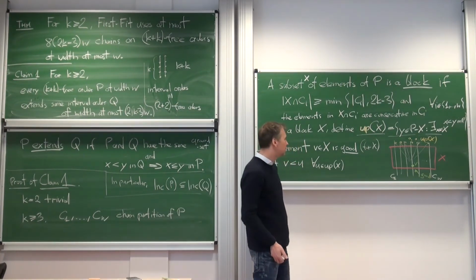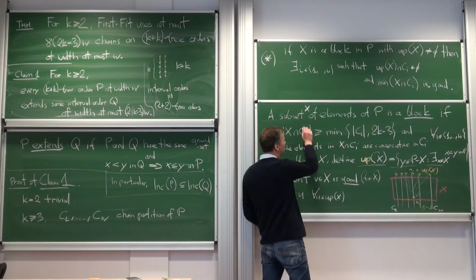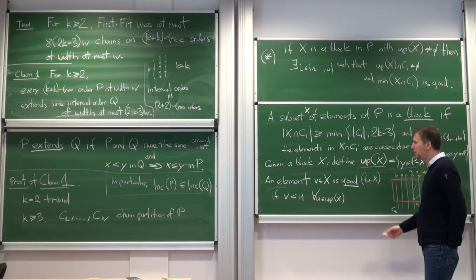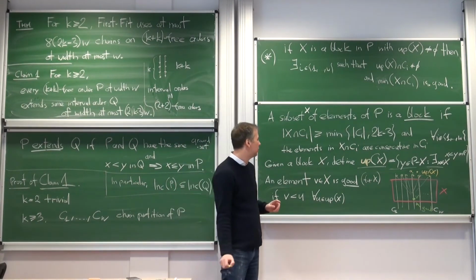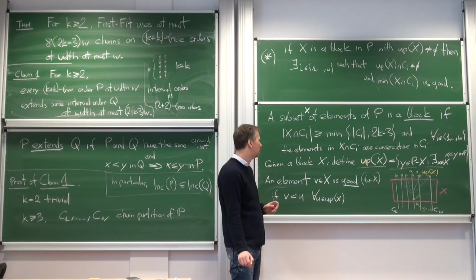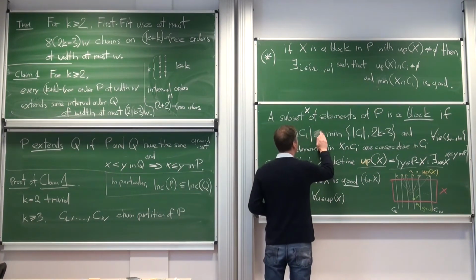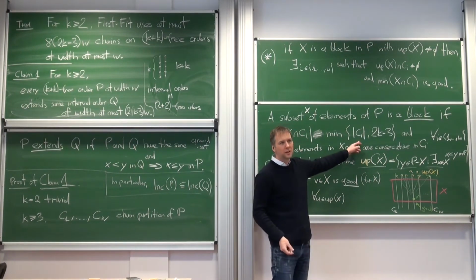So we want to look at blocks of elements in the poset. A subset X is a block if, first of all, it intersects each chain on a segment of size at most 2k minus 3, with the exception of chains that are smaller than that, where you just take the whole chain.